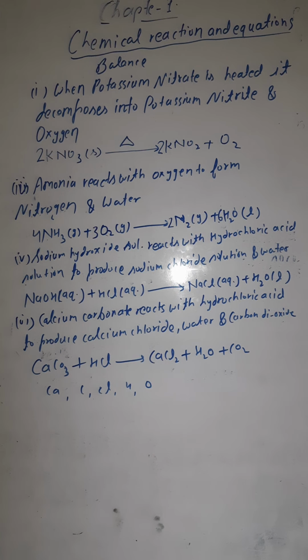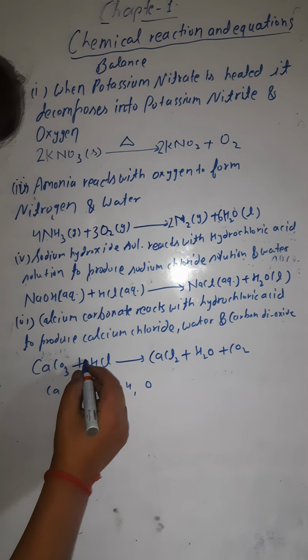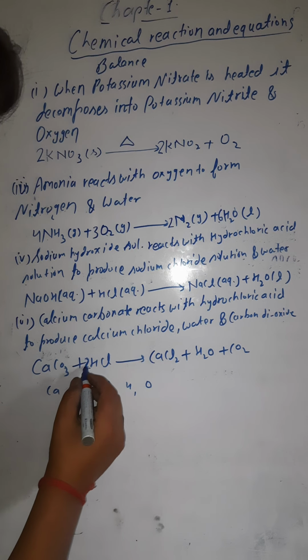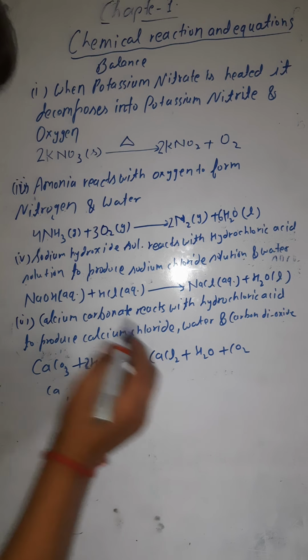So let's check calcium first. If you could see, calcium here, one atom there also. Now carbon, one atom there also. Now let's check chlorine, one atom, but here two atoms. So we need to multiply here by the coefficient 2. So now chlorine is also 2, here also 2.